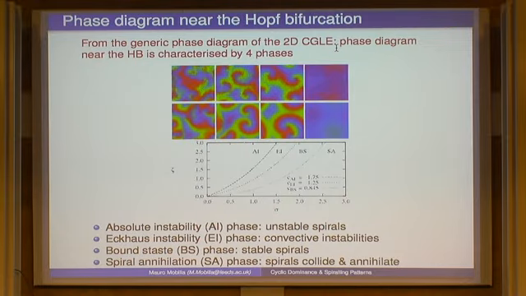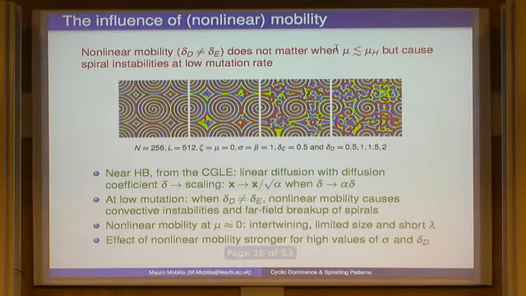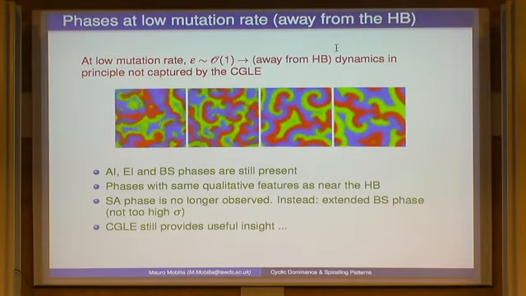Now, perhaps in the last 10 minutes or so, I want to briefly tell you about what happens at low mutation rate. Because all what I told you is near the Hopf bifurcation, right? And one is also interested in what happens when the mutation rate is low.